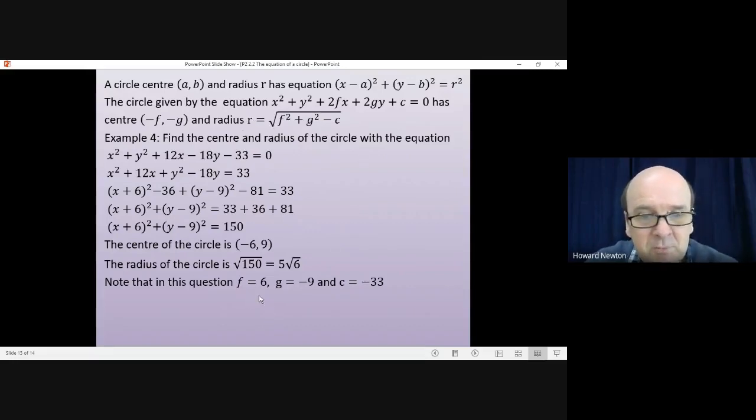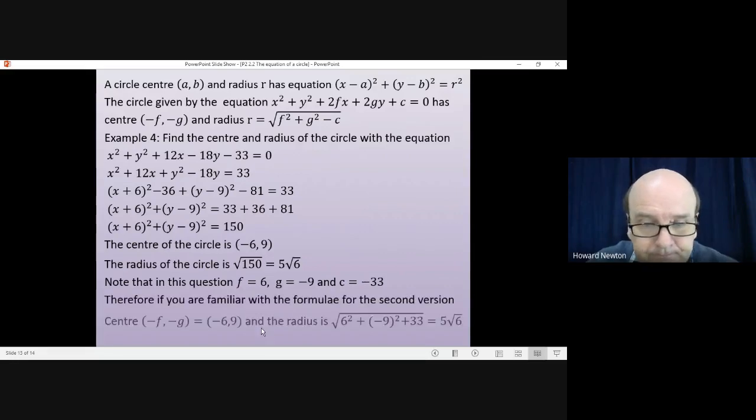So in this question, f is 6, g is minus 9, the center will be minus 6, 9. And the radius will be the square root of 6 squared plus minus 9 squared plus 33, which is 5 root 6. So that's how you get the answer using the second form.